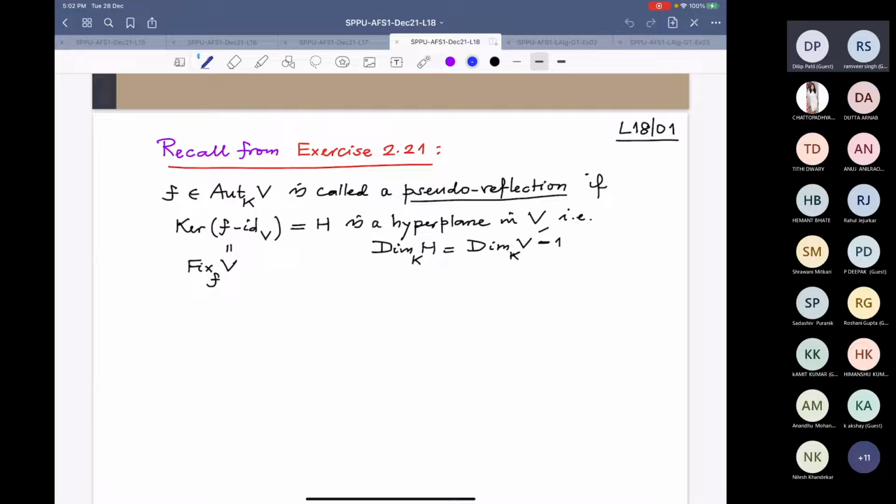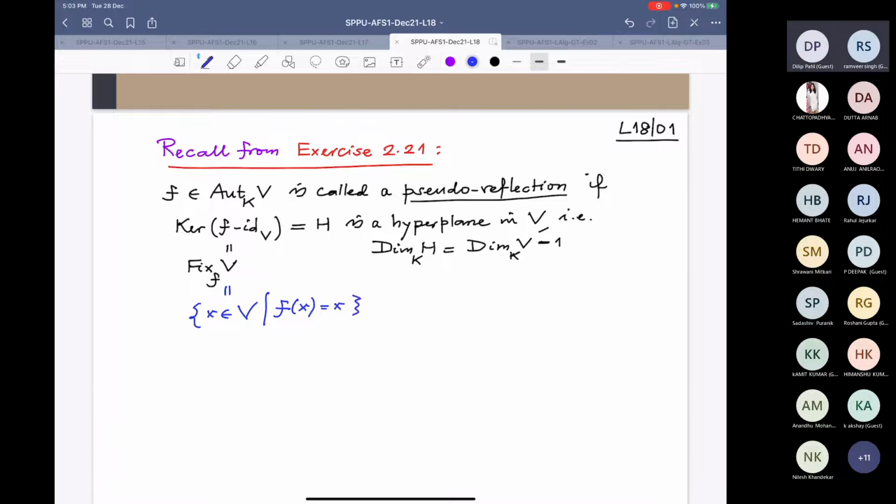That precisely means if you look at f minus id_V, which is also a map from V to V, and f fixes pointwise, the fixed set is all those x in V such that f of x equals x.